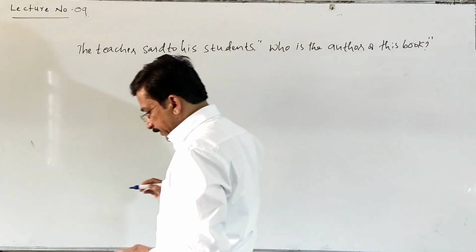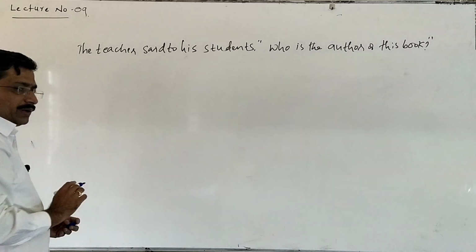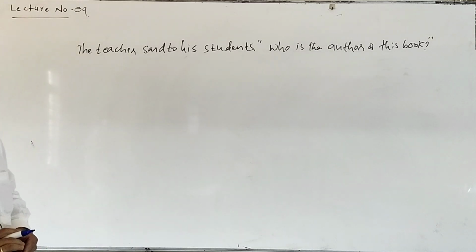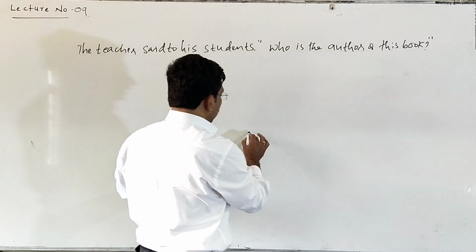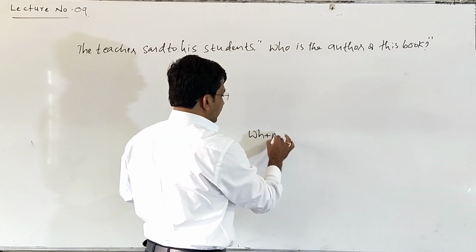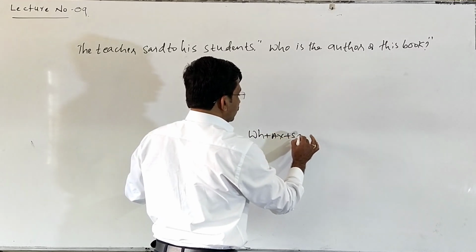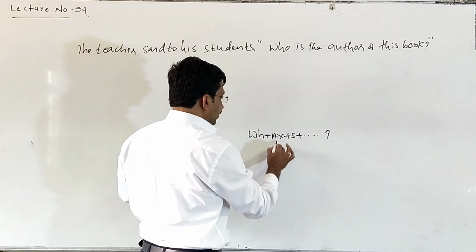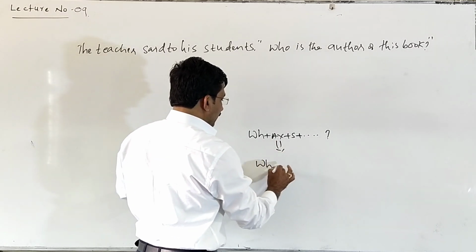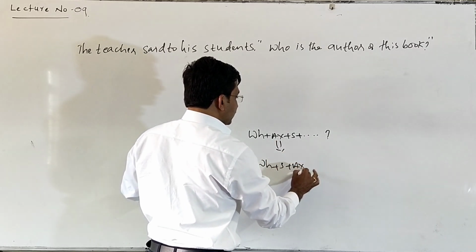So an interrogative starts with a WH word, and here, as we discussed, recall the rules once again. WH plus AX plus S plus interrogative mark should be changed into WH plus S plus AX.